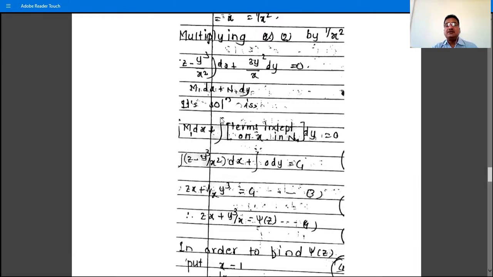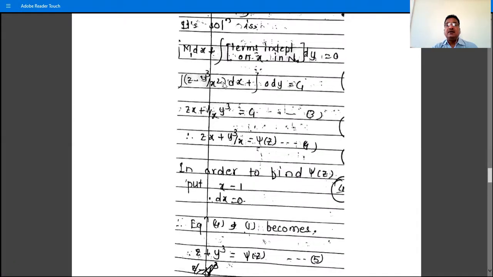Integration of m dx plus terms in n independent of x dy is equal to 0. So this is the formula: integration of z minus y cube by x square dx plus terms in n independent of x, which is 0. There is no term, so write 0 dy is equal to c1. Now integration with respect to x, z is now constant.